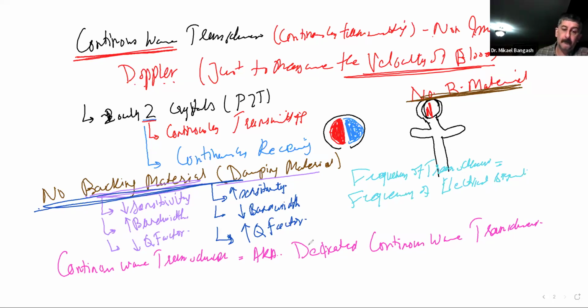Did you guys get that? So this little fellow here may also be known as the dedicated continuous wave transducer, or just simply as the continuous wave transducer.